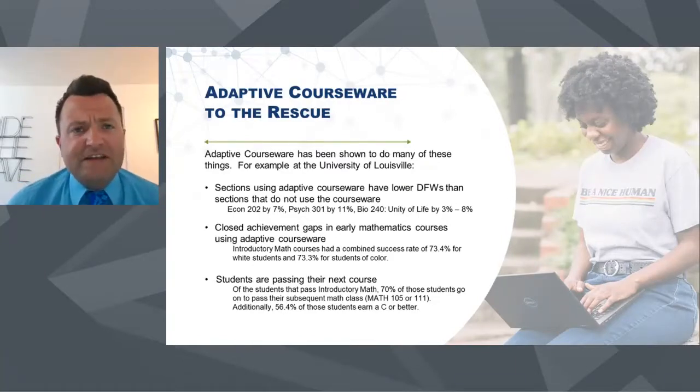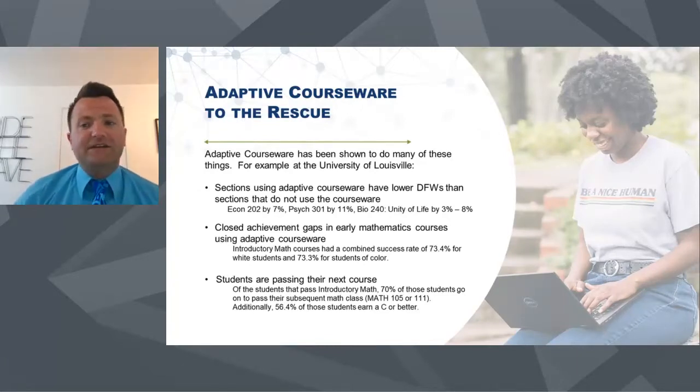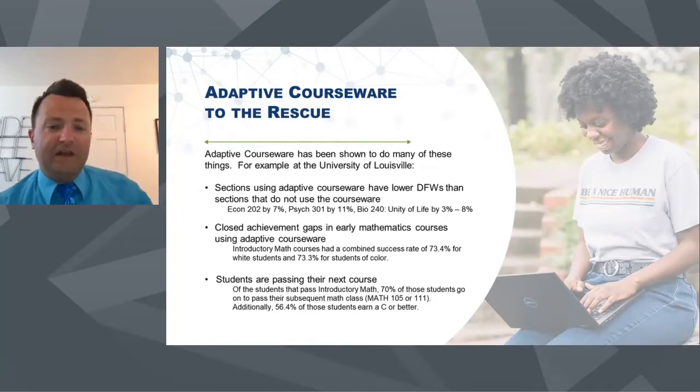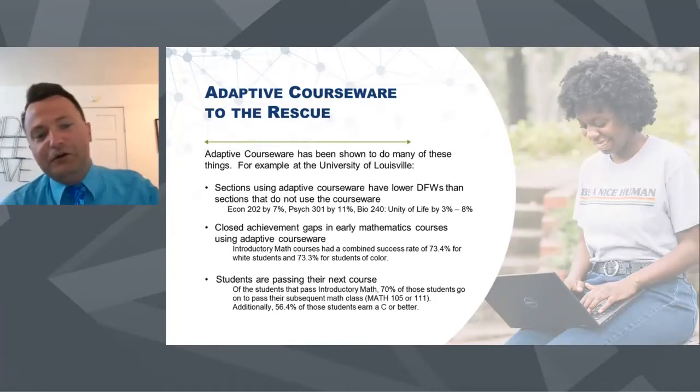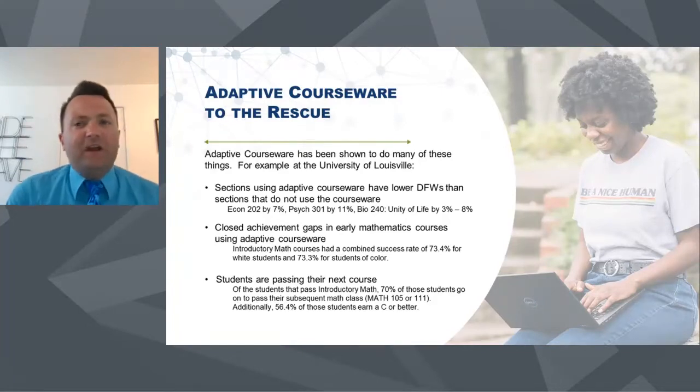And I present this because we had a lot of skepticism when we first started reviewing adaptive courseware, because faculty were not entirely convinced that this would solve the problem. It looked like the next shiny new object that we were going to try. And so we had a lot of pushback.